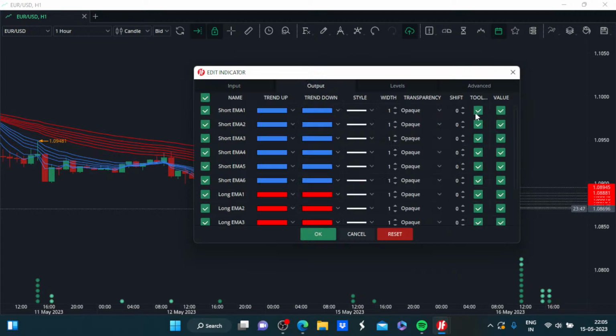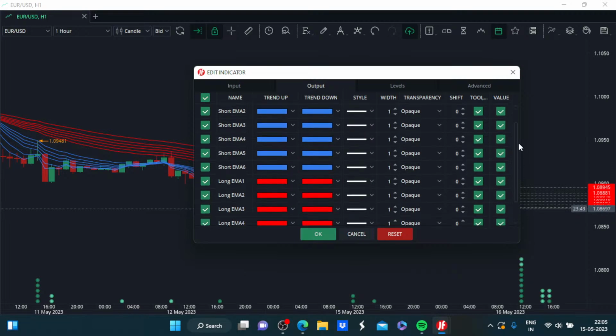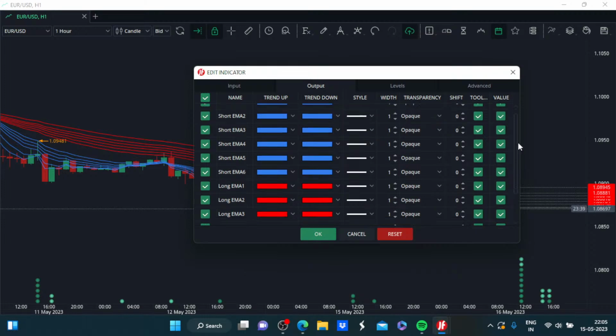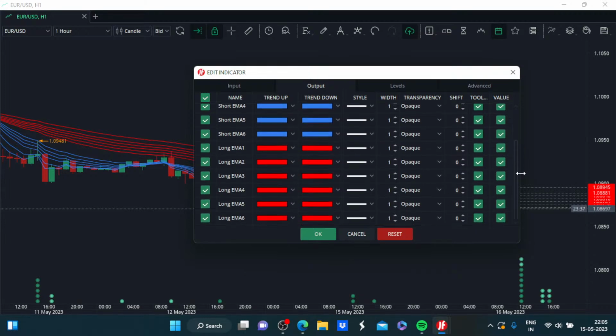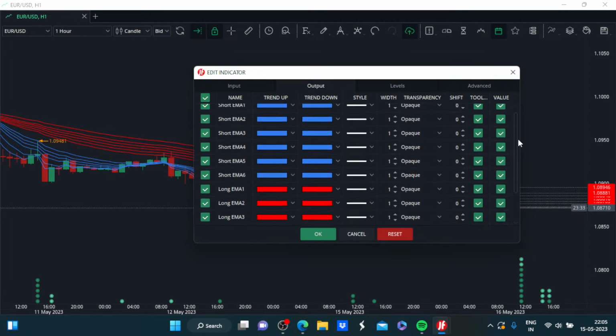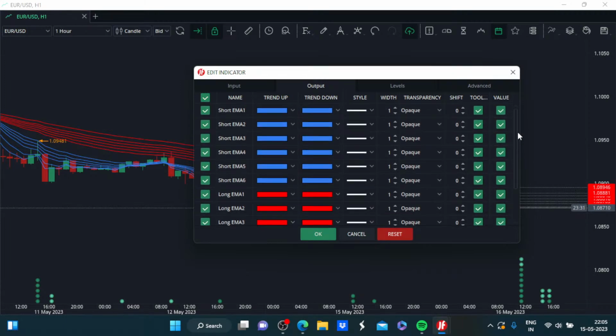If we want to go for customization in color combination, you can do that as well, but that is going to be a complicated task as we have so many output values, so many output EMAs to deal with. So I would prefer to leave it as it is. Maybe you can go for brighter shades or even go for different color combinations.